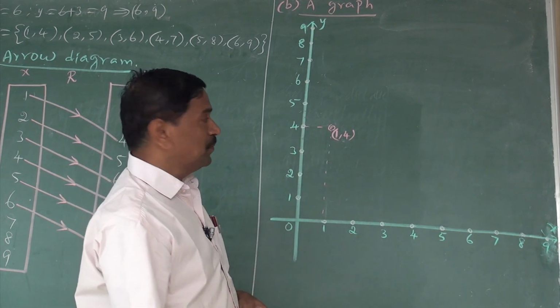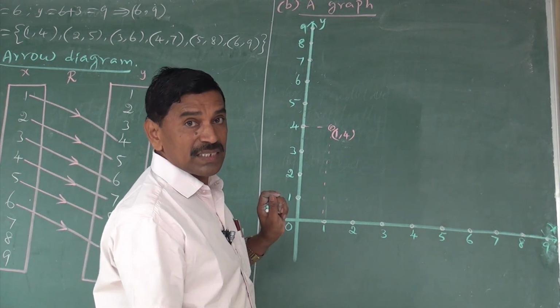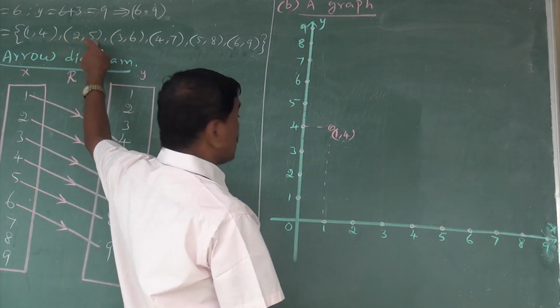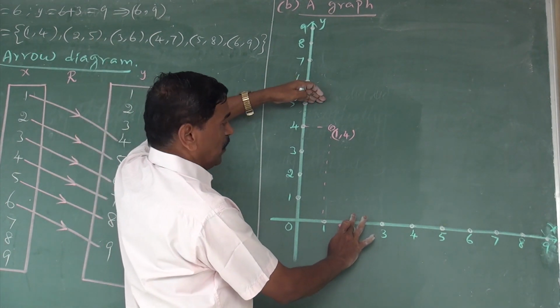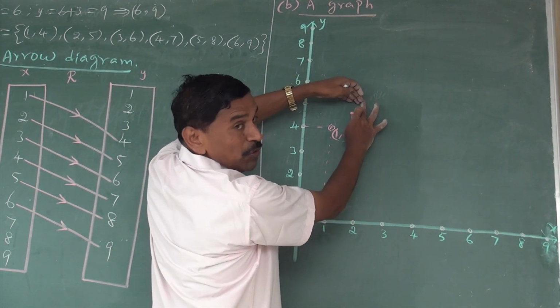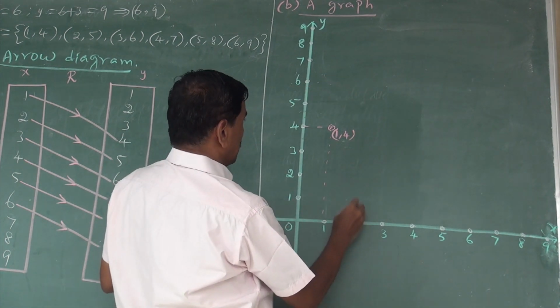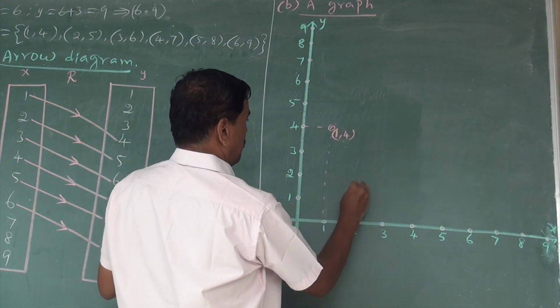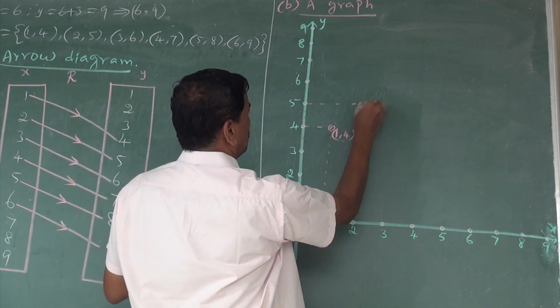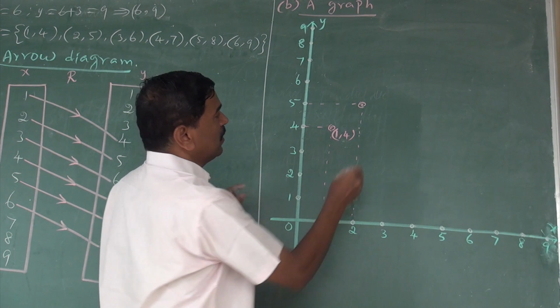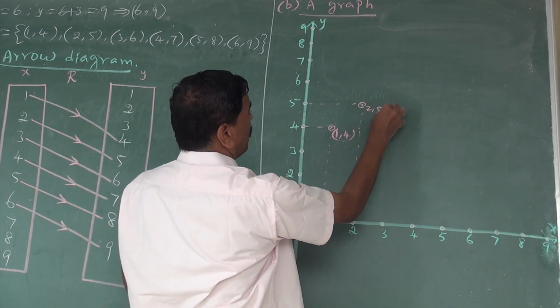Next ordered pair, yes, 2 comma 5. 2 is related to 5. Listen. Can you tell me what this point is? Yes, 2 comma 5.